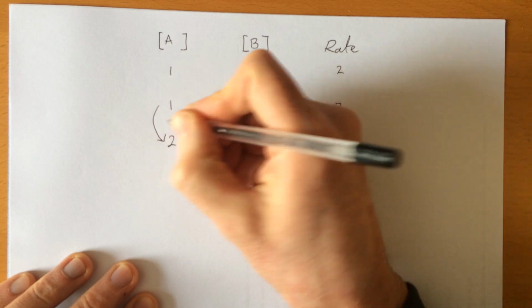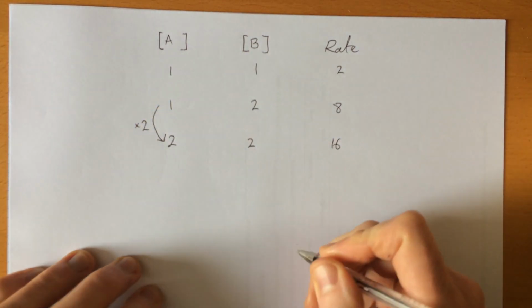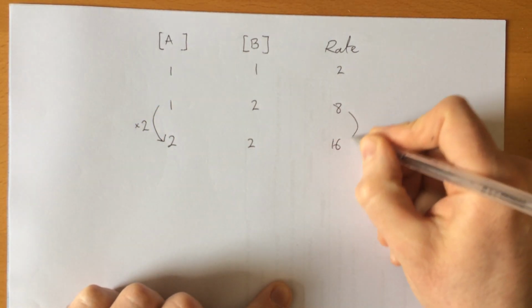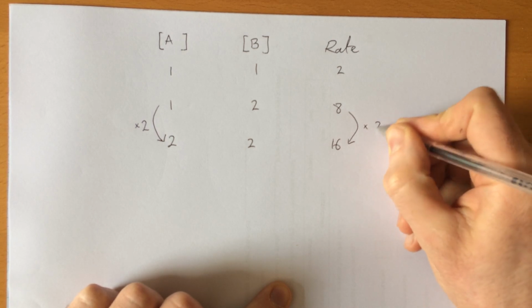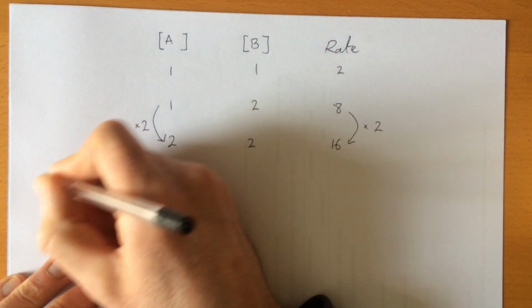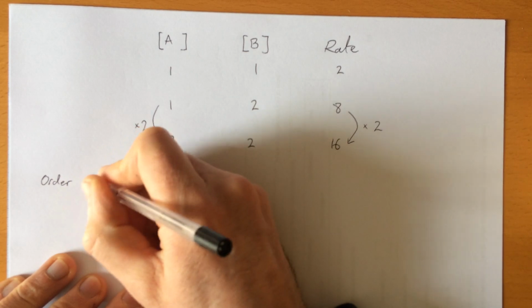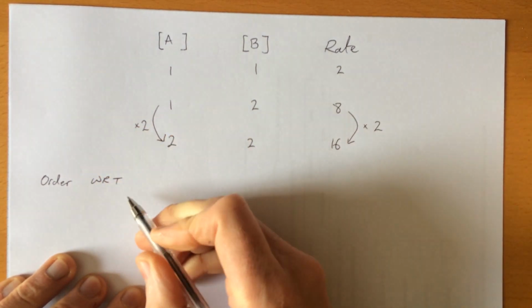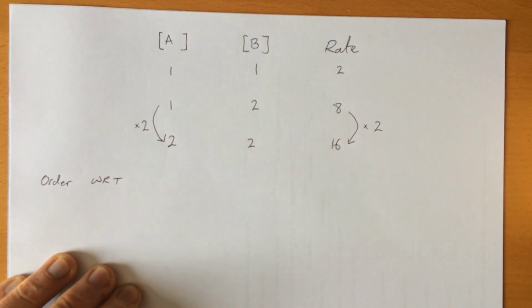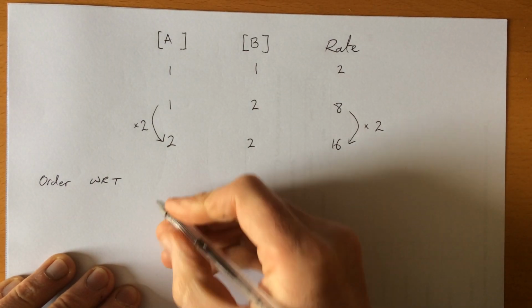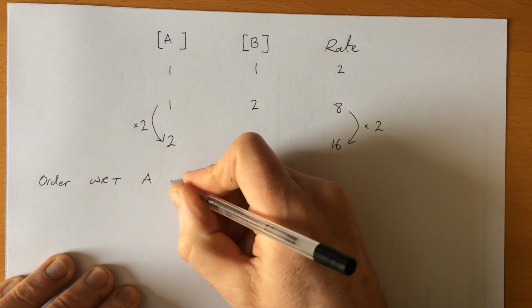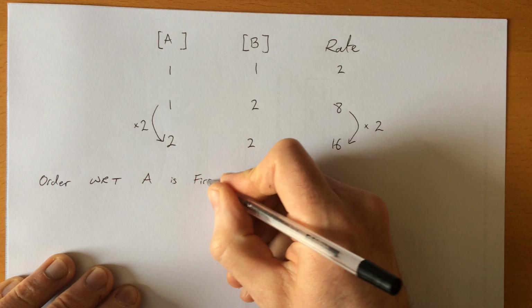The concentration of A increases by a factor of 2, and you can see that the rate increases by a factor of 2. So order with respect to, you often see with respect to abbreviated to WRT, order with respect to A is first order.